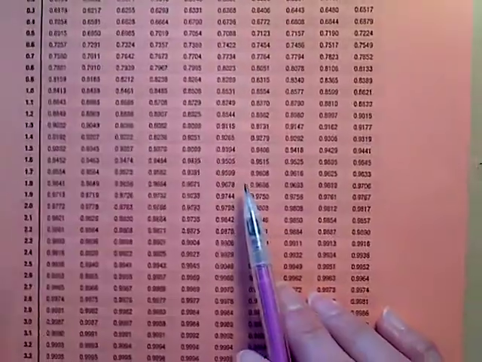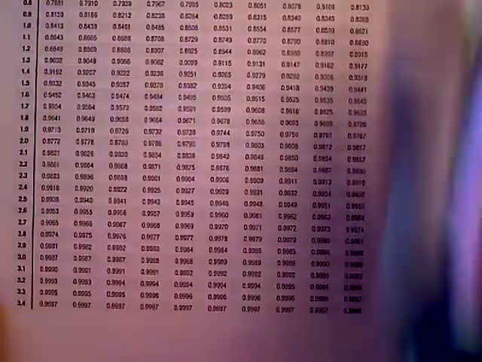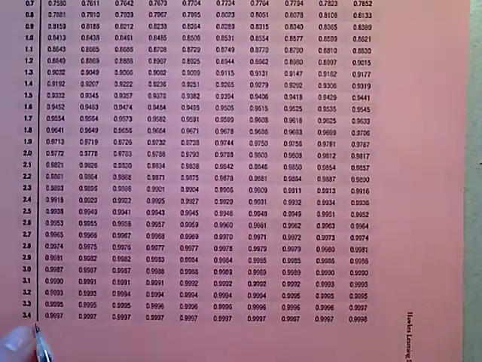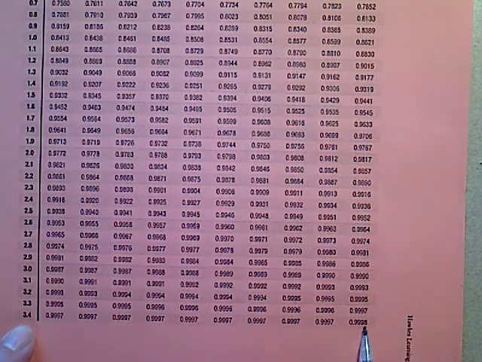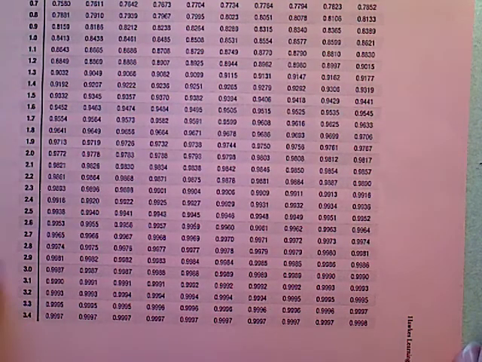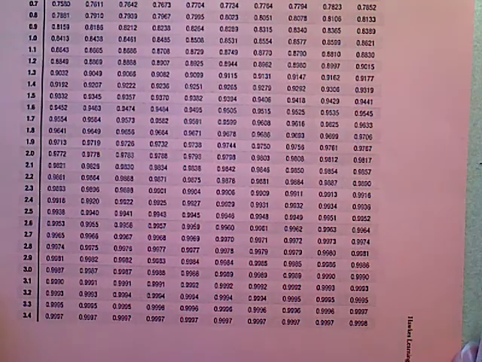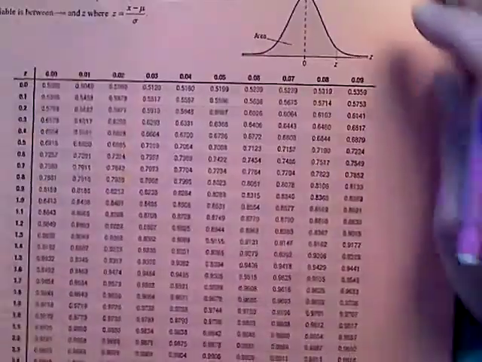Okay, because the area under the curve is 1. Notice how far up it goes. 3.49 is 0.9998. Remember on the other side, negative 3.49 was 0.0002. What? Guys, the area under the curve is 1. So, yes, they're going to match up.